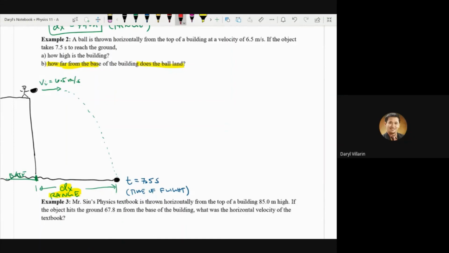Remember that this is your dy here. Although the question is just the height, when you say how high, it's just the magnitude, just talking about the distance, the vertical distance.